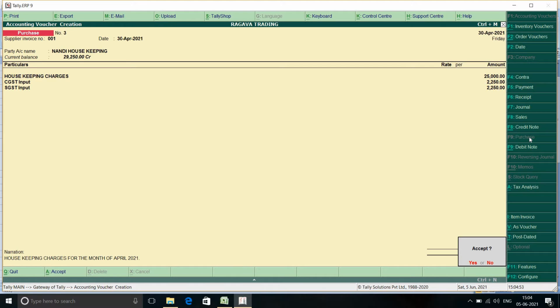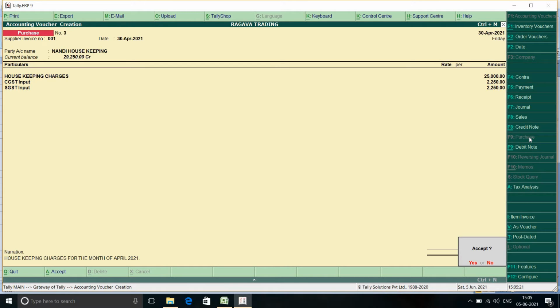Now, see, first of all, I am entering the invoice in service purchase. Then I have to recognize whether this comes under TDS or not. This is 25,000 monthly, so the yearly total is 3 lakh rupees. Per annum the amount is more than 1 lakh, so I have to deduct TDS.